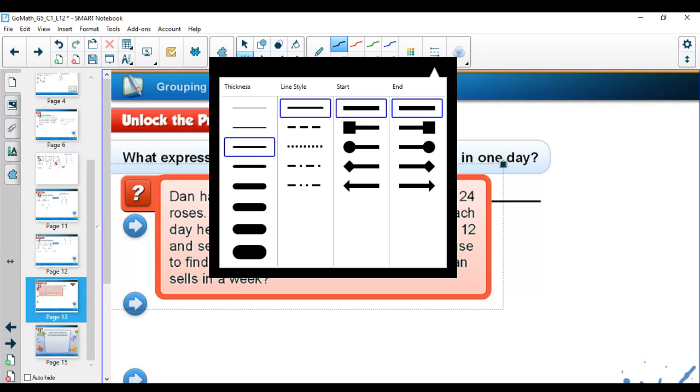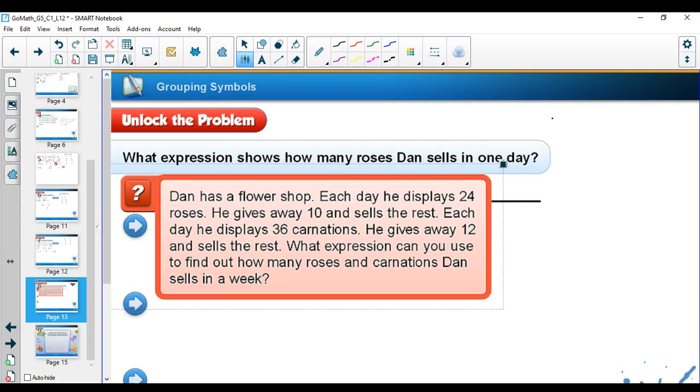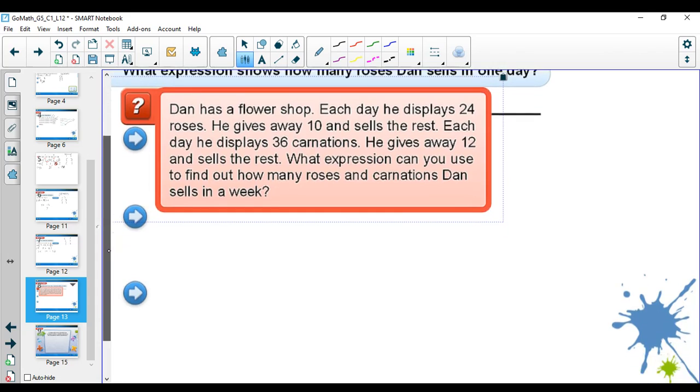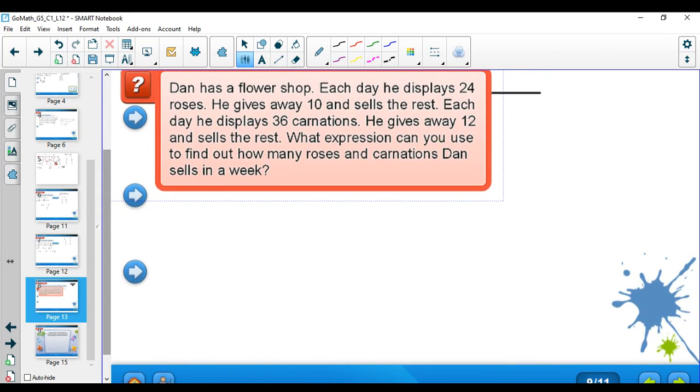So, again, let's get our thin line. So here we are. We have Dan. He seems like a really nice guy, right? He's giving away flowers every day and selling some flowers every day. And we want to take a look at an expression to find out how many roses and carnations he sells in a week. So I'm going to say to myself that I know that I need to do something with roses.